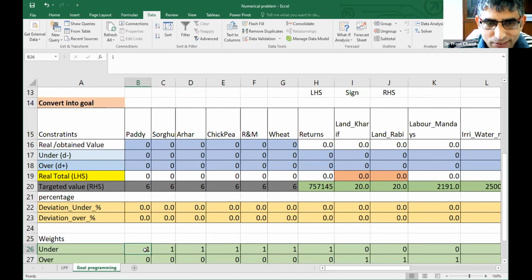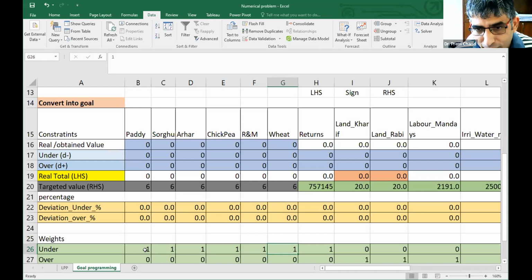That means I want my area under paddy to go higher. Even under sorghum should go high. I should cover maximum area under sorghum in each crop cycle. I can assign 0 also.